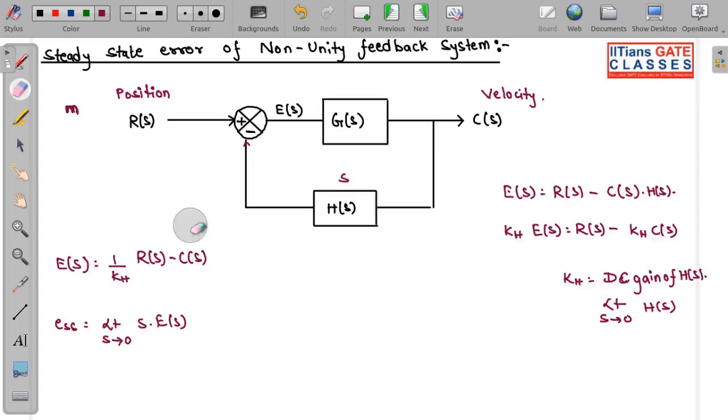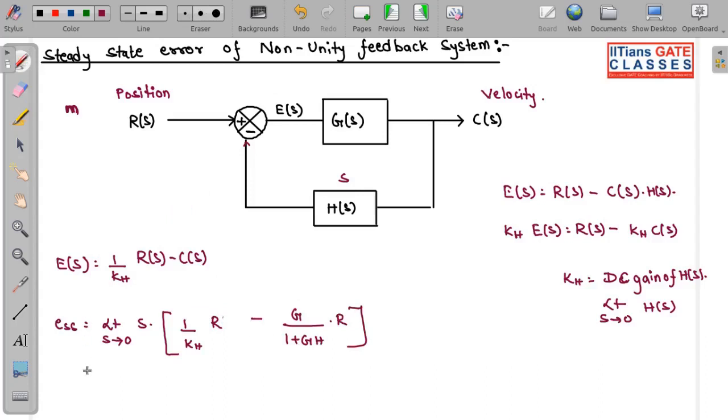So let us substitute that over here. 1 by Kh, and R(s) and C(s) I can write as G divided by 1 plus GH into R. Okay, I am not writing s anywhere over here, so let me remove it from here also.